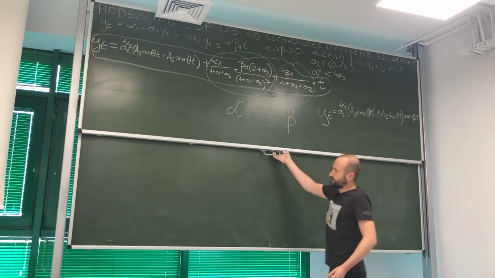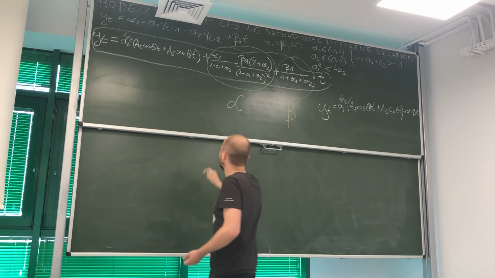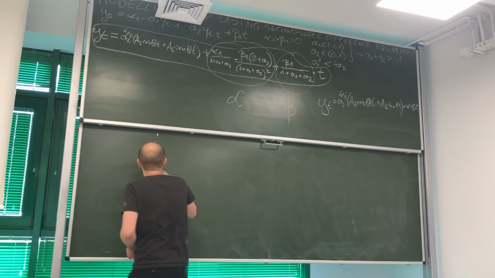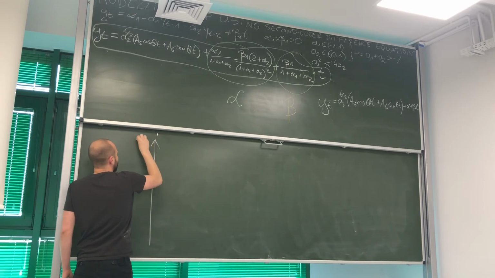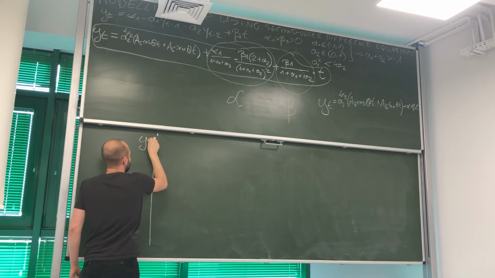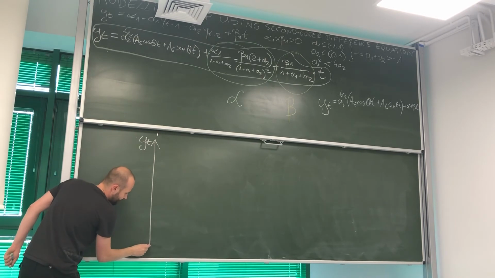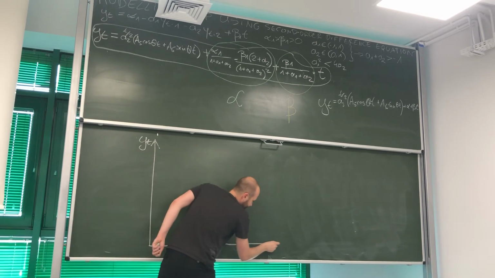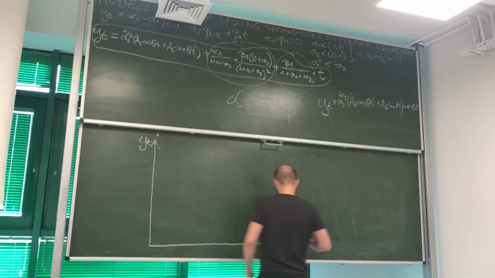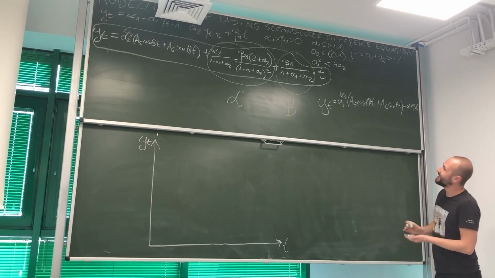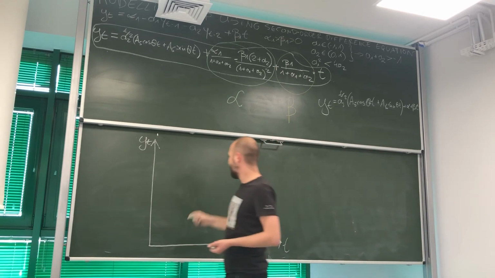In this case, let's start drawing. On this graph, here we will have GDP at time t, and here we will have time. So let's start with our alpha.